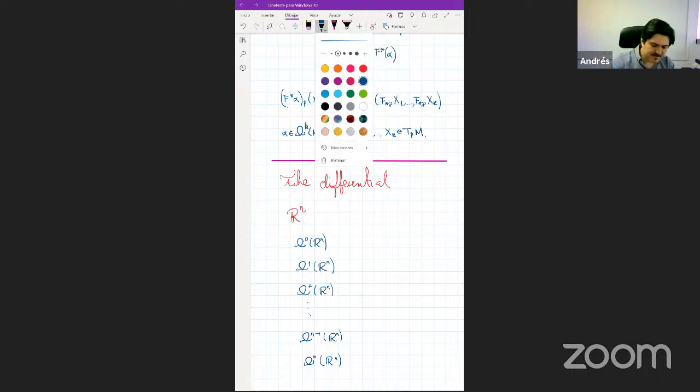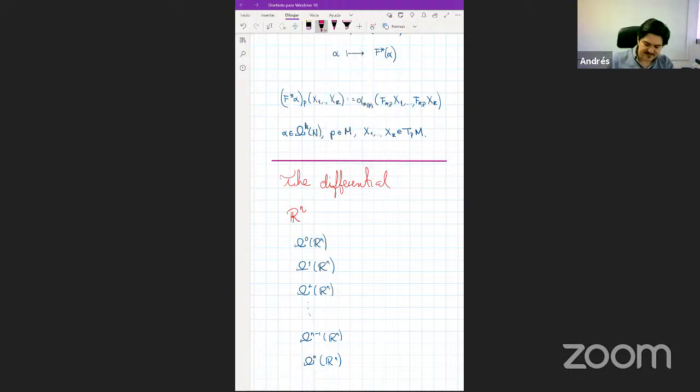Now, this is something fundamental. We have a differential, which we will write d, and it's going to be a function that takes a k form and gives me a k plus 1 form.